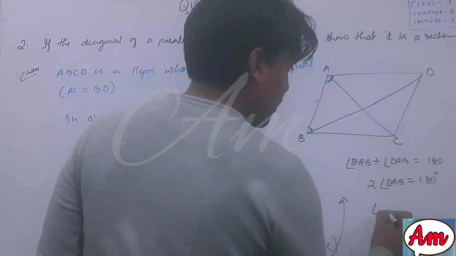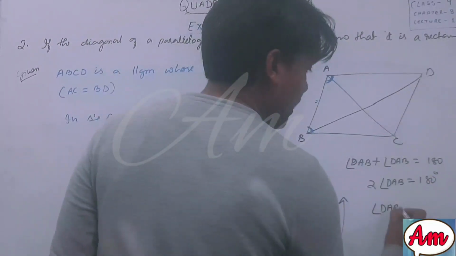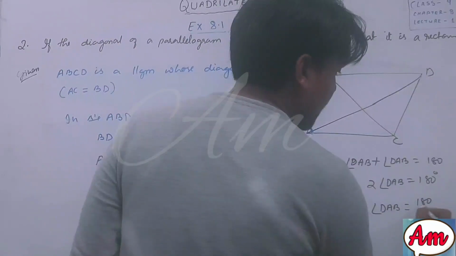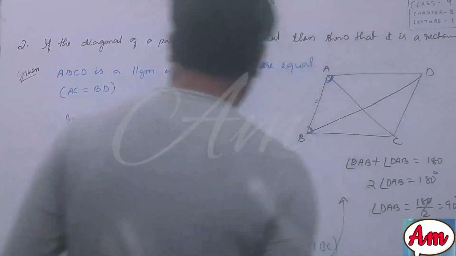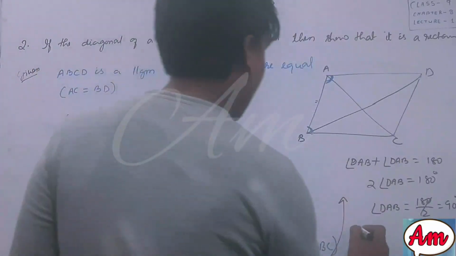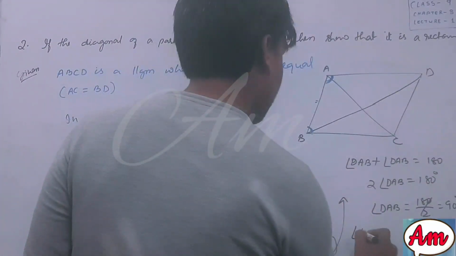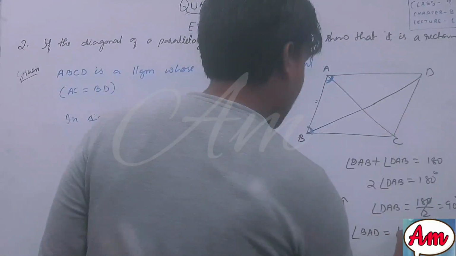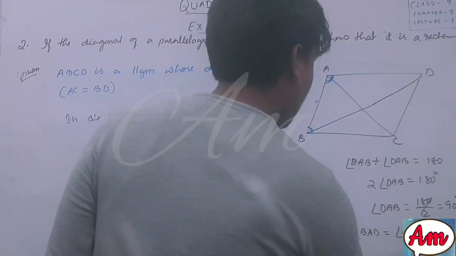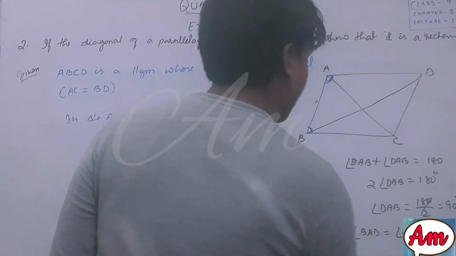In the next step, DAB equals 180 divided by 2, so it will come to 90 degrees. So from here we can clearly say that angle BAD is equal to angle ABC, equal to 90 degrees.